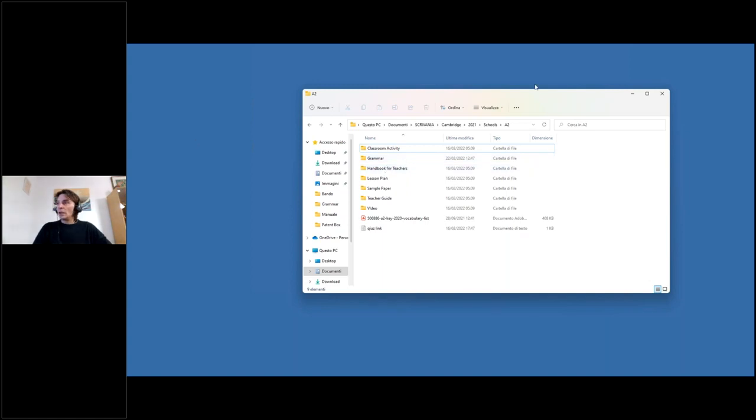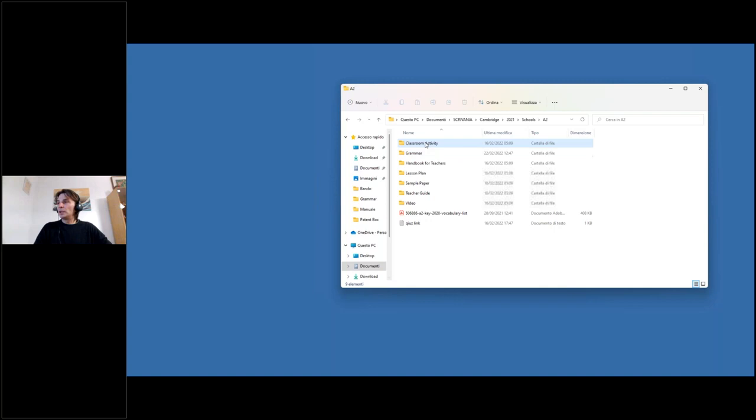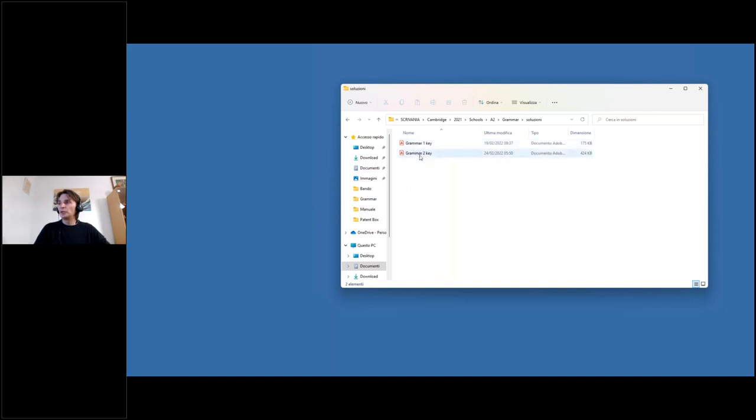So you should be able to see the grammar folder, and under the grammar folder you're going to find a solution, a key folder as well, where I'm leaving the grammar key for you.